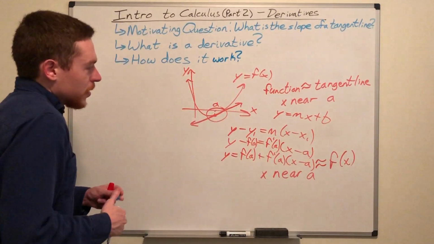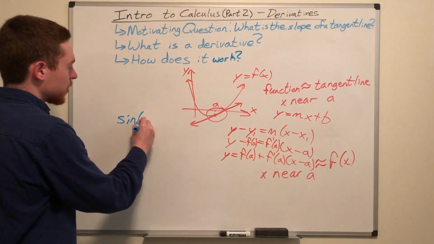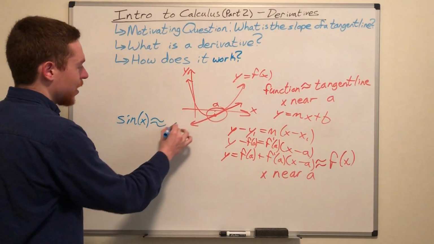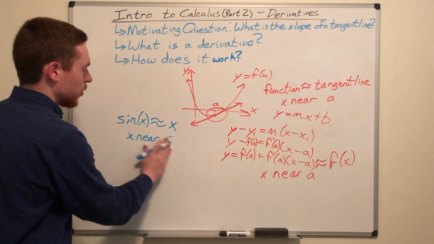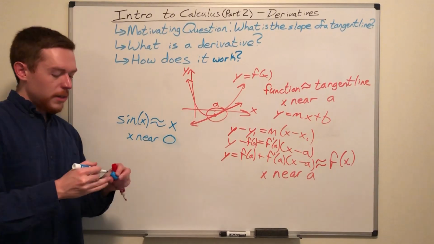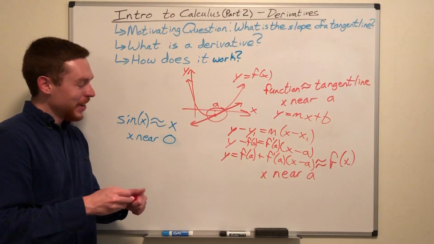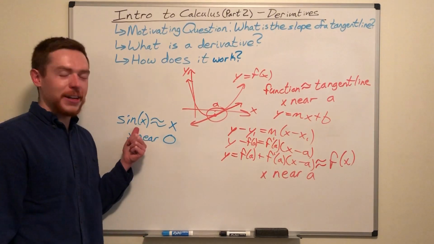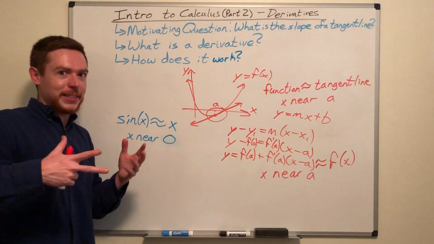A practical example of this is we can replace sine of x with x as long as x is near 0. And that's pretty handy, right? As long as I'm close to 0, I don't actually have to use the trig function sine. I can just use the function x.